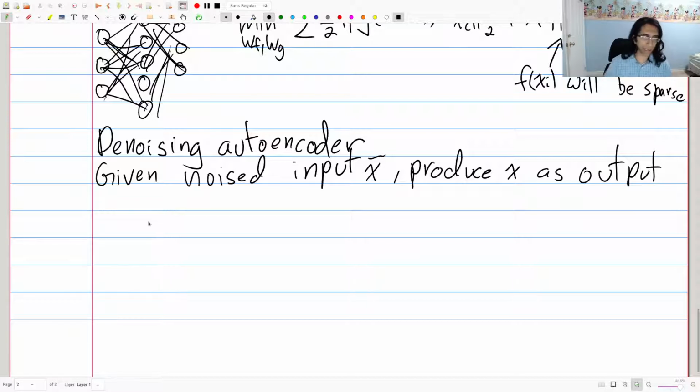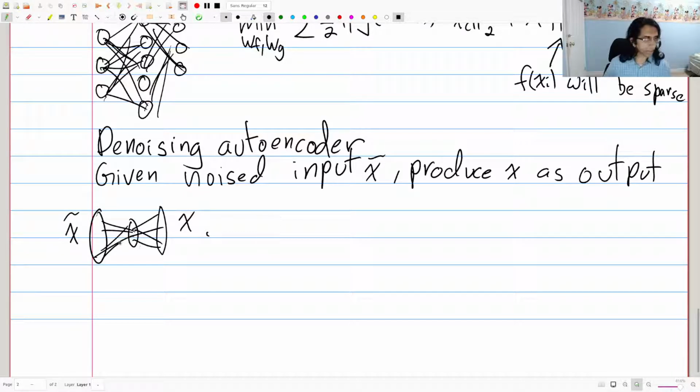And what do I mean by that? Well, we're basically going to have a network which looks something like this. We feed in x tilde, and we go to some bottleneck layer, and then the output should be x. And our goal is to minimize, essentially.